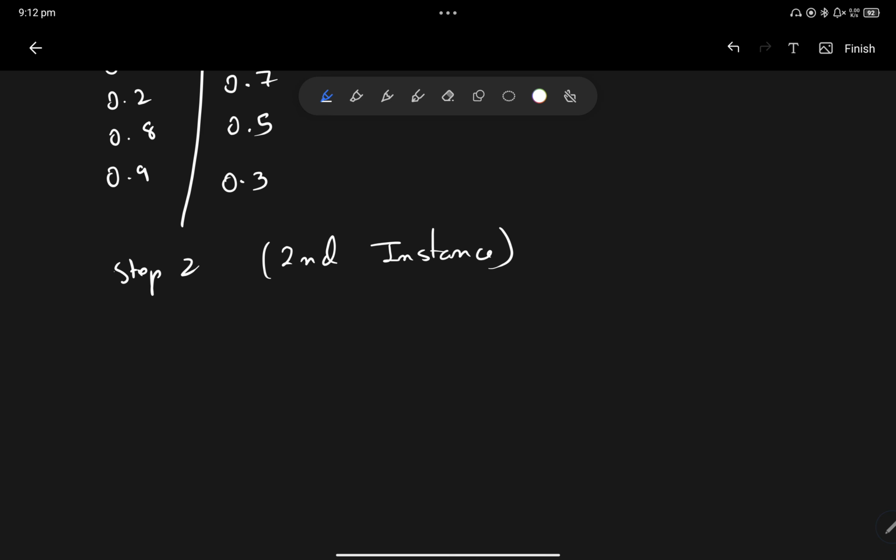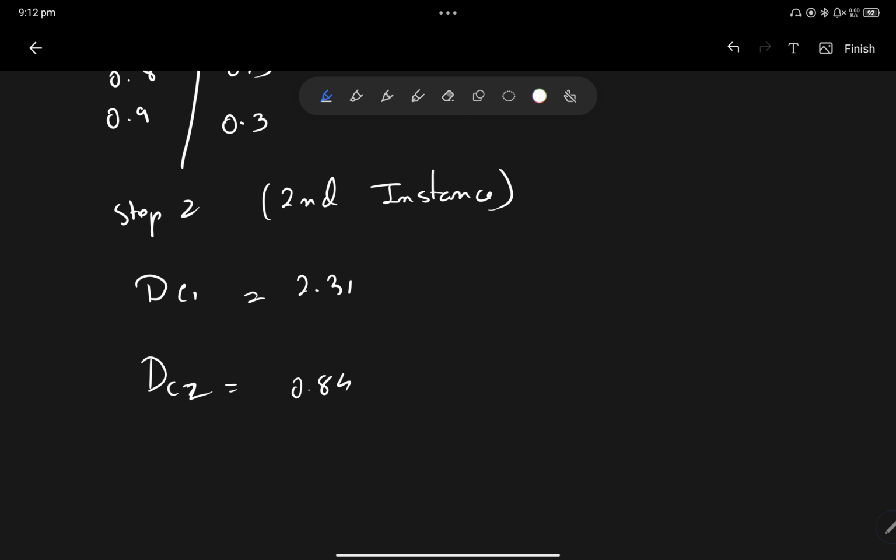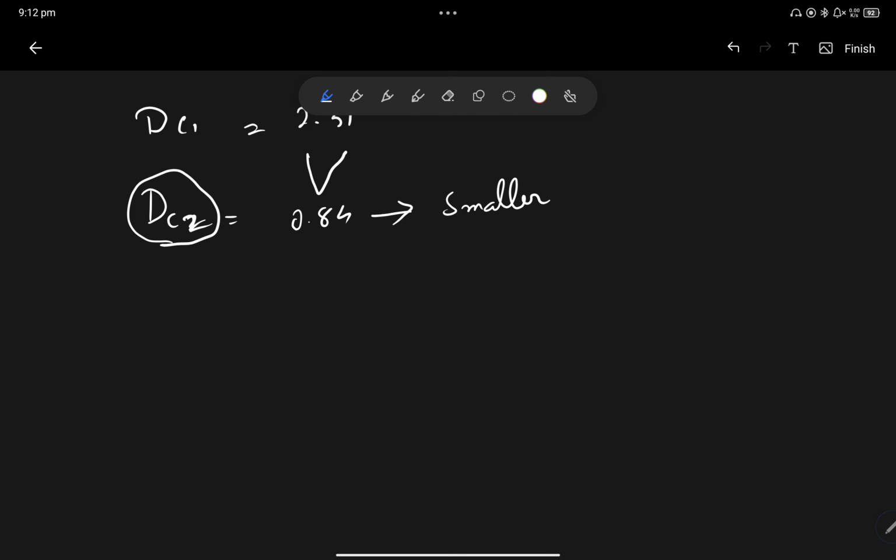If you calculate the second instance, again you will get DC1 and DC2. If you calculate DC1 and DC2, we'll get 2.31 and 0.84. Previously we checked which is the smaller value, so now DC2 is smaller, right? So we'll be updating the weights for DC2, putting the same formula.